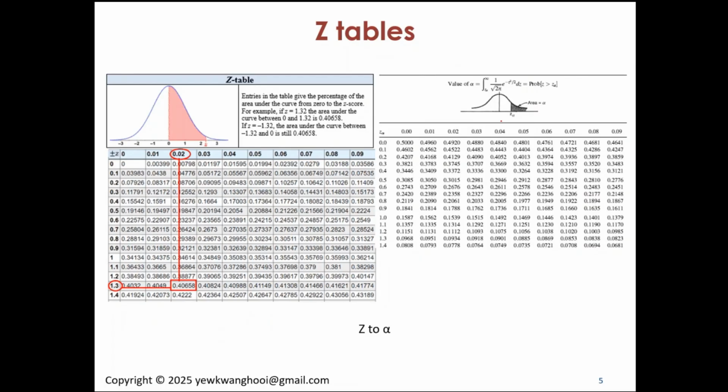Now let's find out. I want to find the significance of Z value 0, right? So what I'm looking for is, you look at this side, Z. So I'm looking for Z 0.